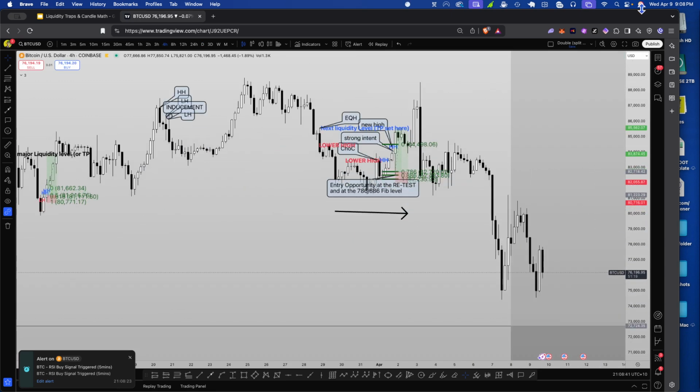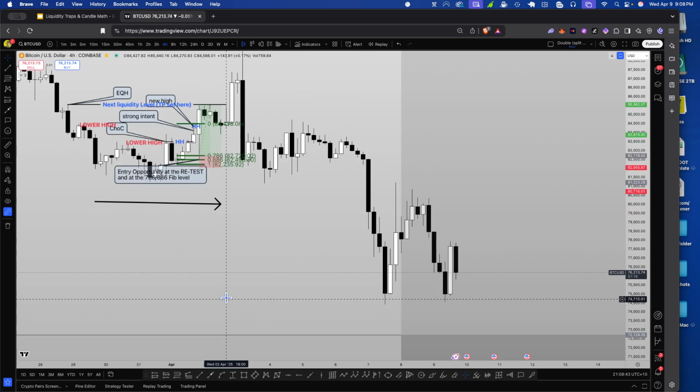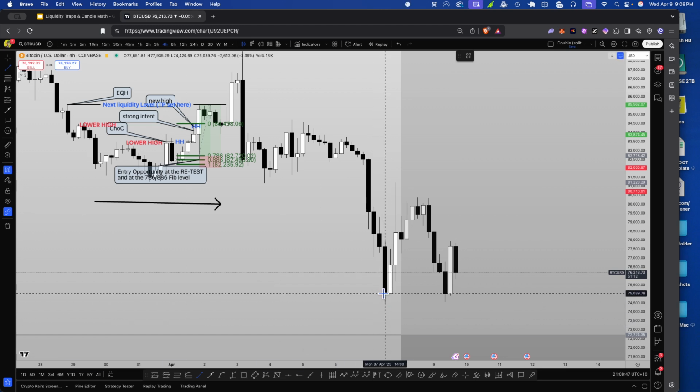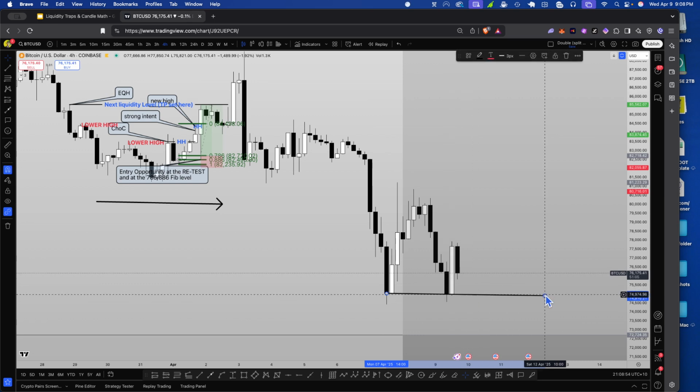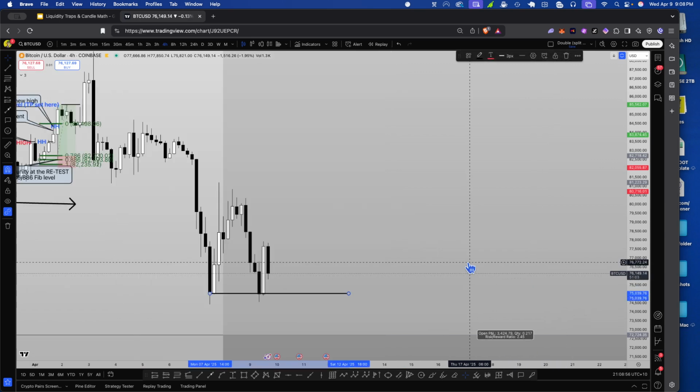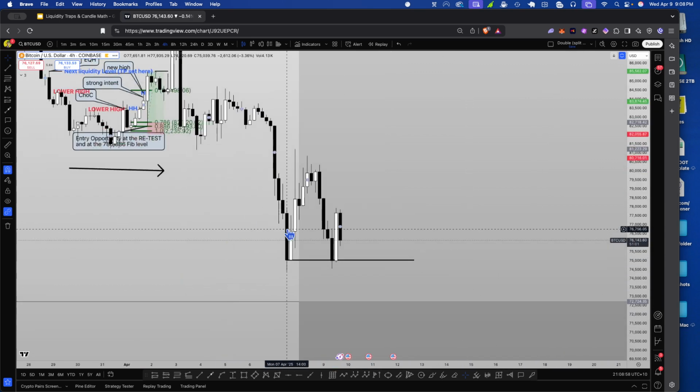On a 4-hour, we are not, or maybe we did just print. Did we print? Maybe just a lower low. I'm sure that different price feeds might give you a different price, but yeah, you can see, like, we didn't close with intention. It wasn't a strong close below.